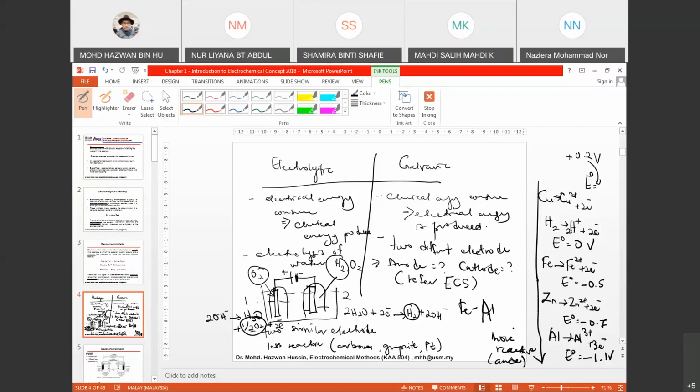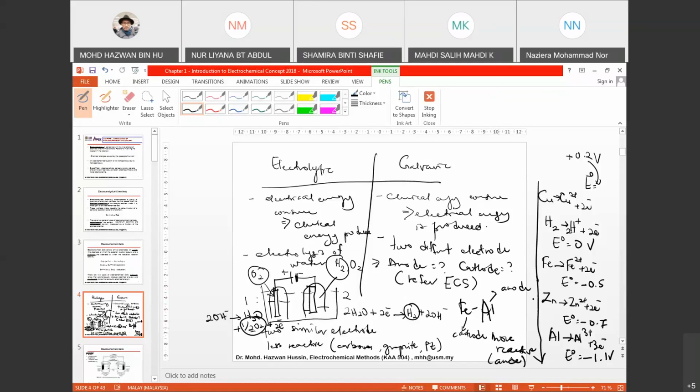So as I said, if you have a pairing between iron and aluminum, which one will be anode, which one will be cathode, based on what I explained just now? Anyone can guess? Aluminium. Aluminium will be what? Anode. Who is this? Mariam. Okay. And Fe will be cathode.